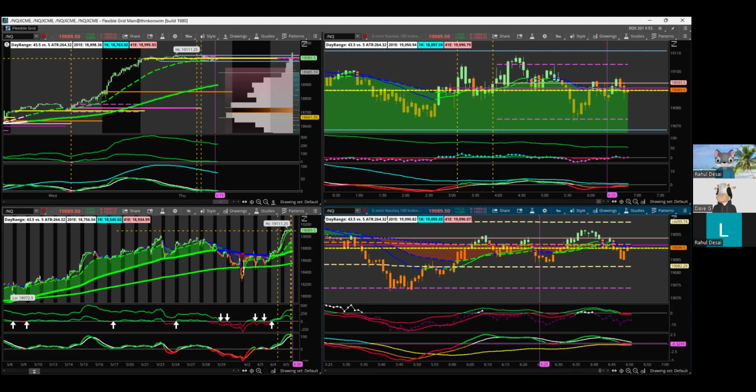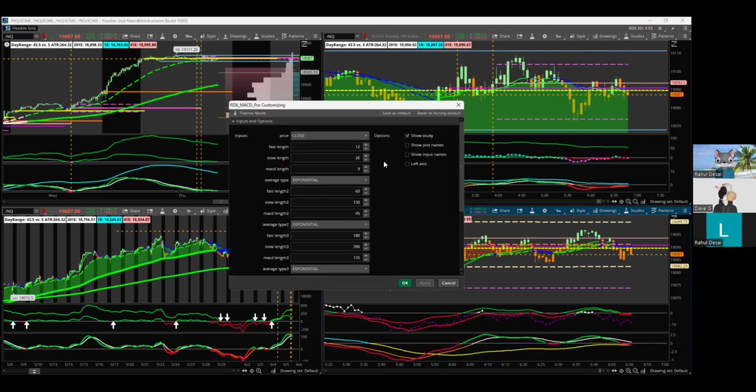With the MACD settings on, it's the average number 2. Let's just go there. Average 2. I've got to change the color. It's already there. I don't think you have to do it. I just have to turn it on.